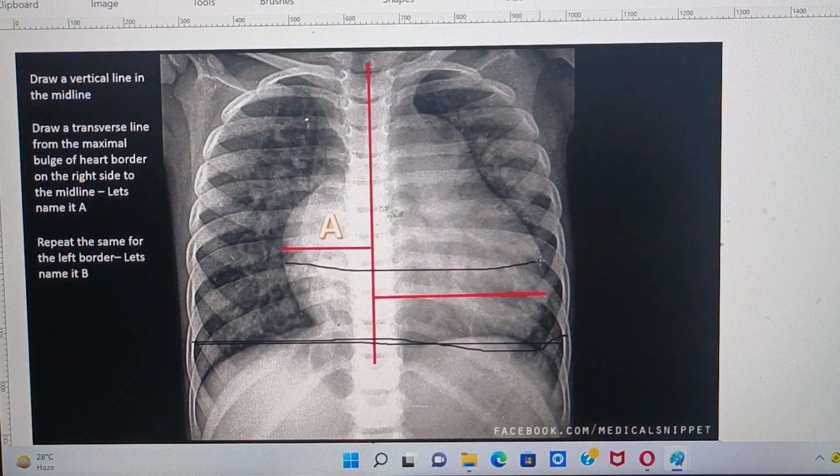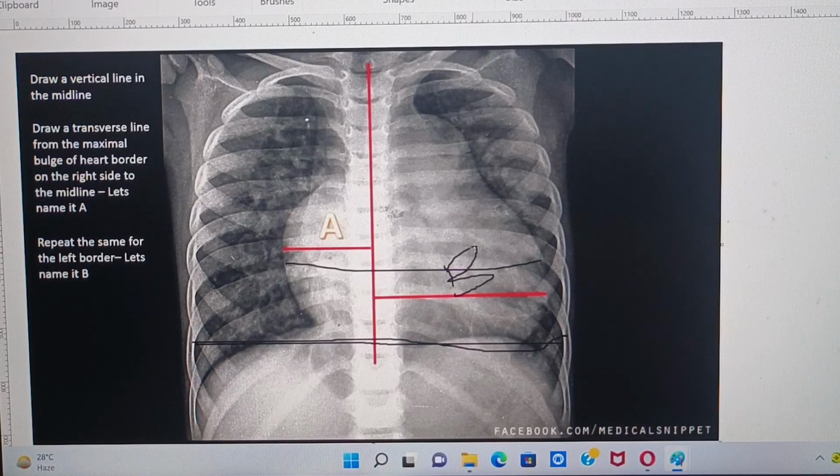But for the exact measurement, you must draw a line in the central part, and then divide the width into two parts, A and B. A is a transverse line from the maximum bulge of the heart border to the right side of the midline.